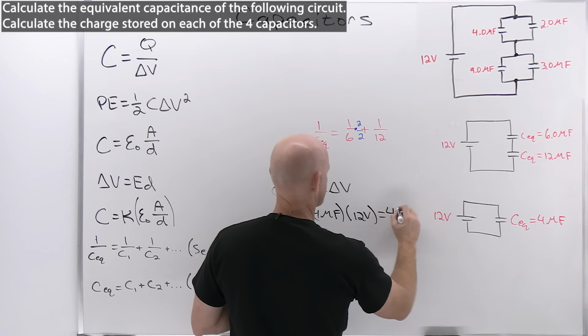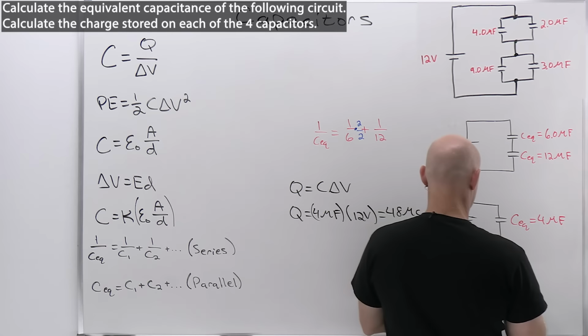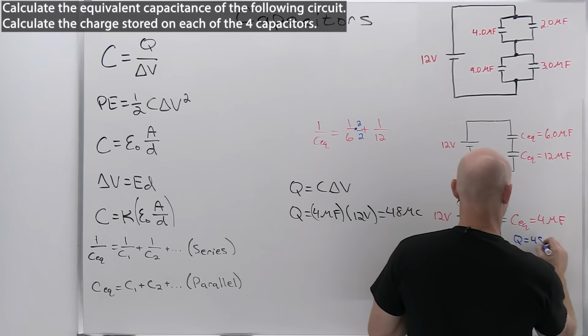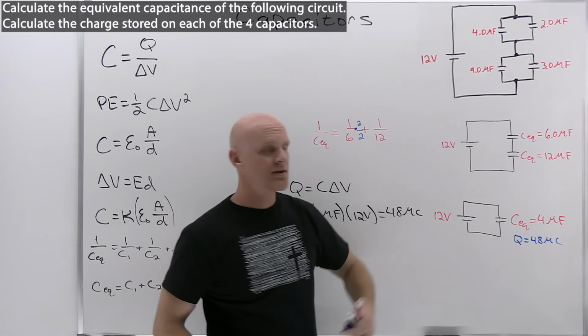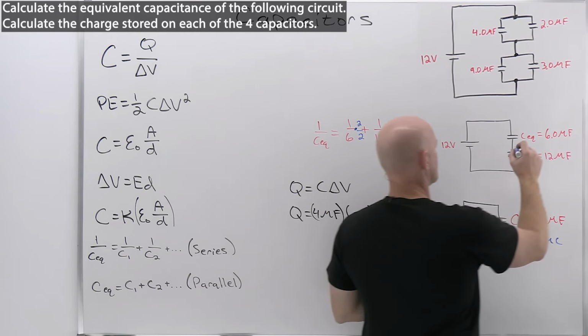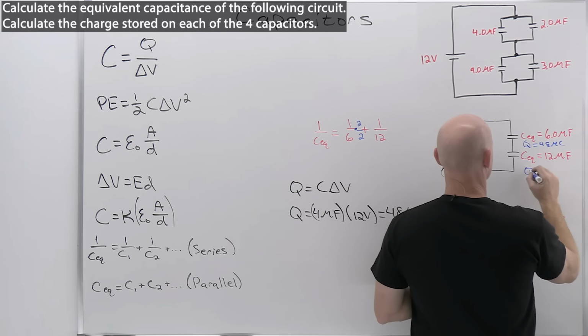And we see that's going to come out to 48 microcoulombs. And so right here, Q equals 48 microcoulombs. And again, for the 2 equivalent capacitors that comprise it that are in series together, they also are going to have a Q, no calculation needed here, of 48 microcoulombs.